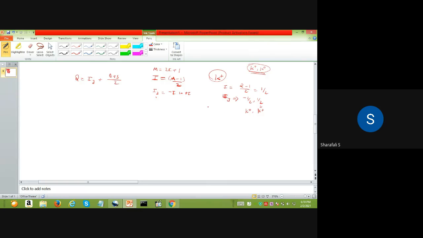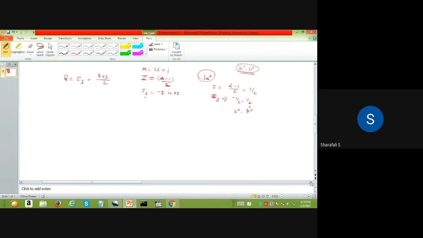But you can also calculate I3 by using one simple formula.